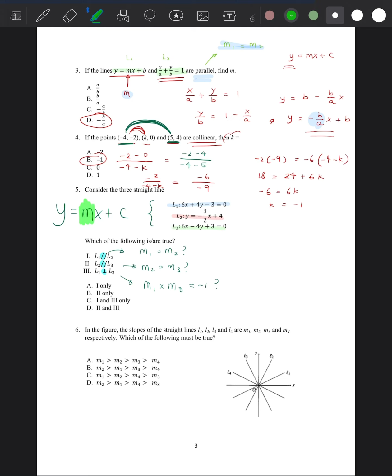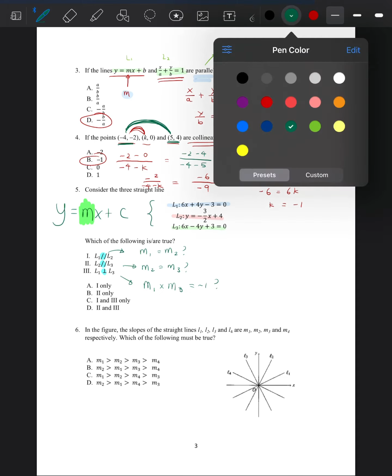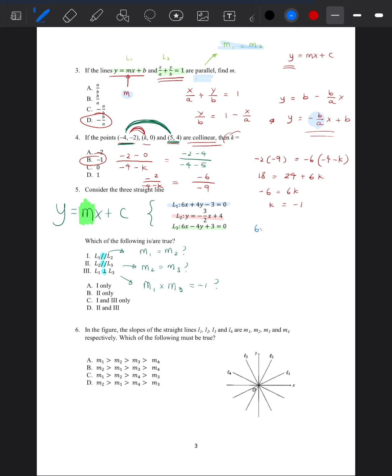So in this case here, let's look at this. The first one, we have to rearrange it. 6x plus 4y minus 3 equals 0. So rearrange it, I just want my y on the left hand side. So divide by 4.